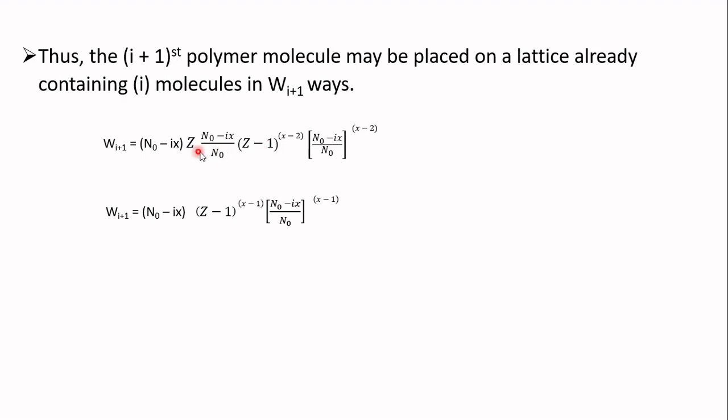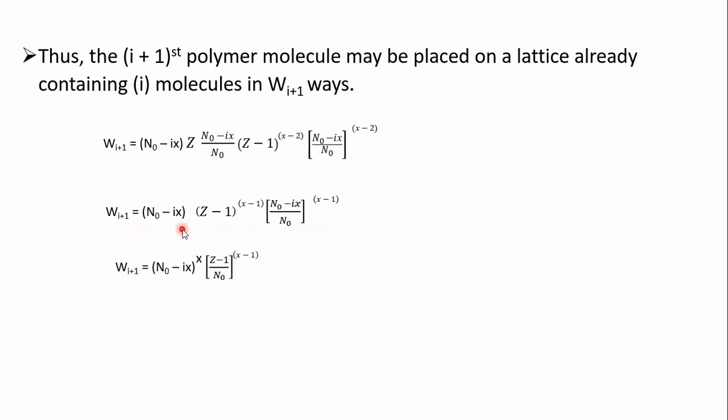So on simplifying these two, you will get Z minus 1 to the power x minus 1. Here it is N0 minus ix divided by N0, and here N0 minus ix divided by N0 to the power x minus 2. On simplifying these two, we will get N0 minus ix divided by N0 to the power x minus 1.